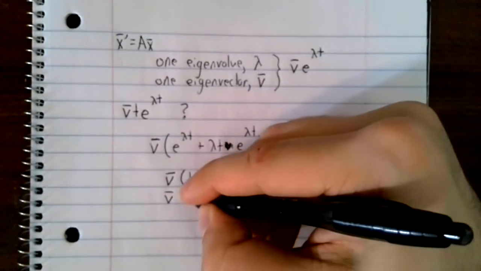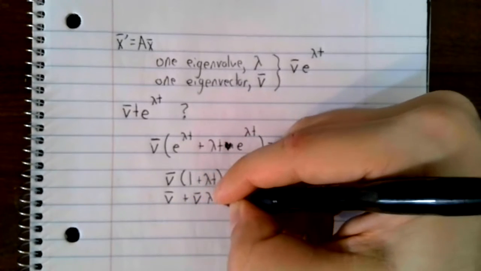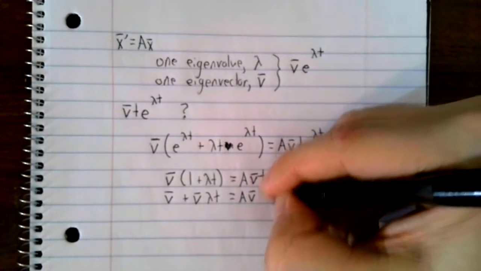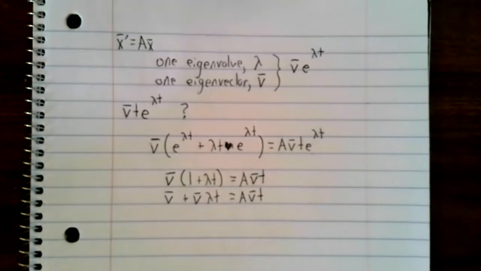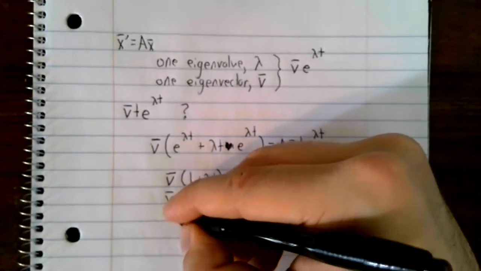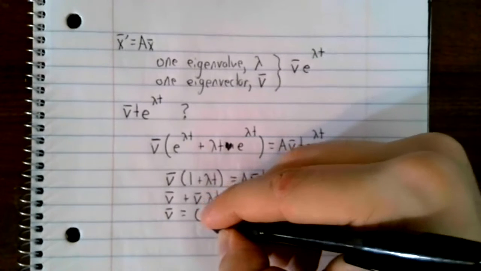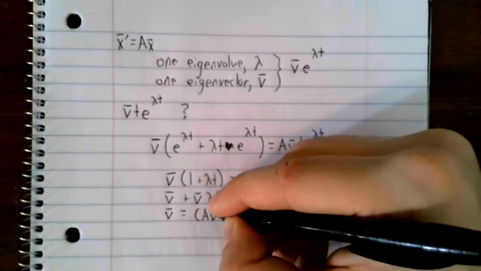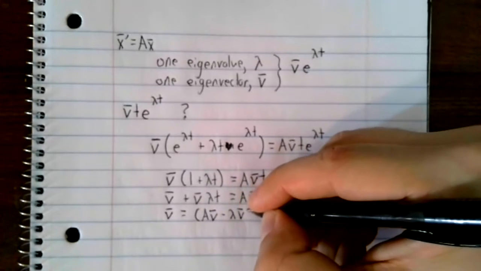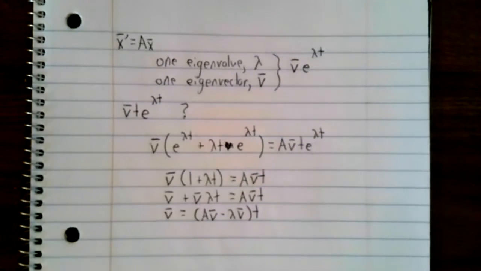Rearranging, v plus v lambda t equals A v t, so v equals (Av minus lambda v) times t.